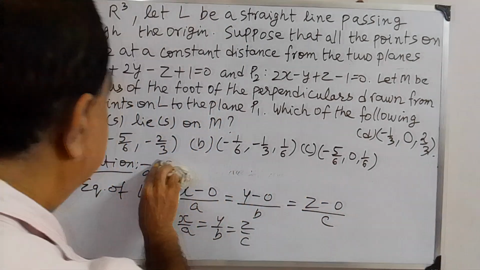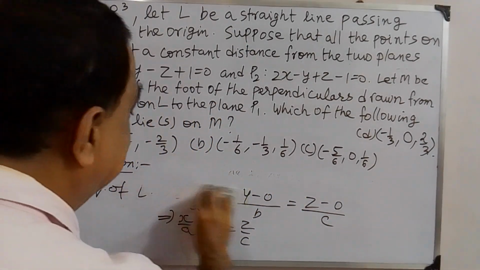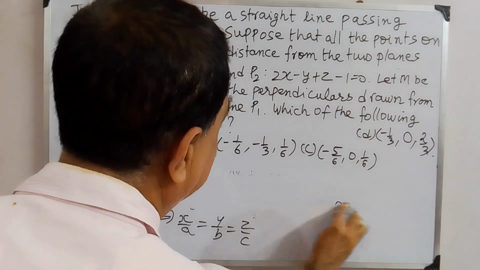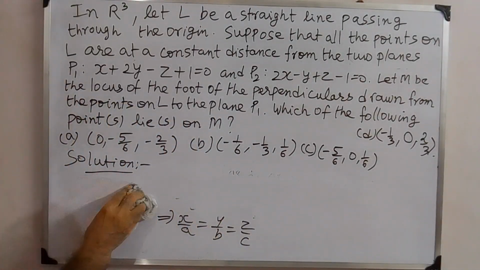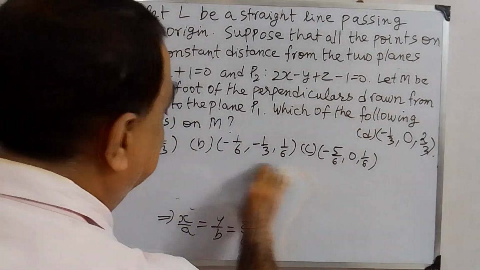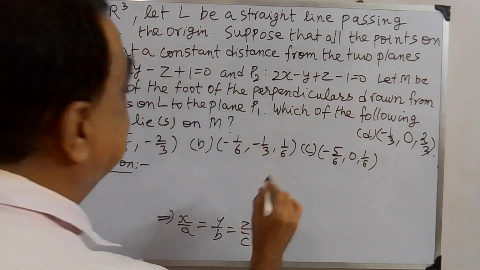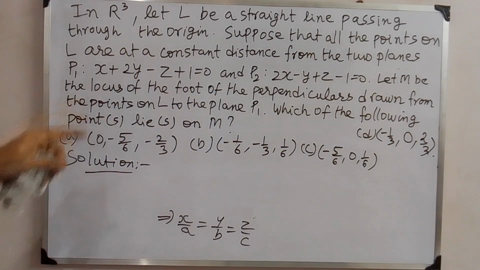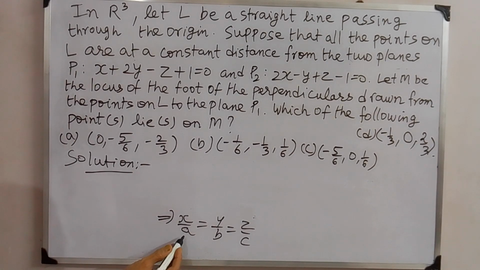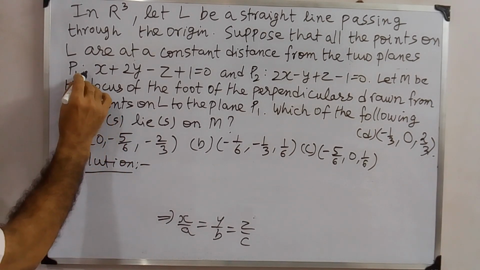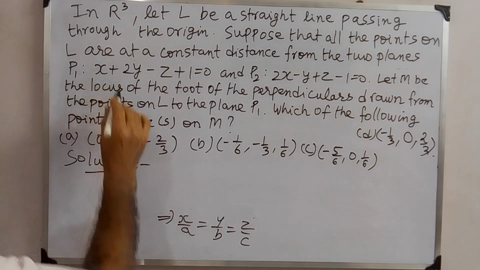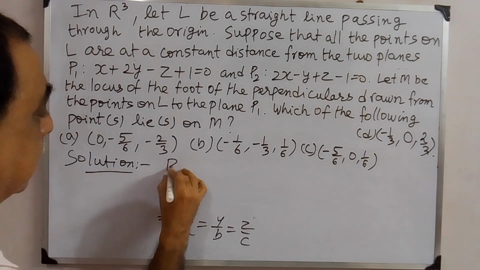Now because this line is parallel to the line passing through the intersection of P1 and P2, what will we have?